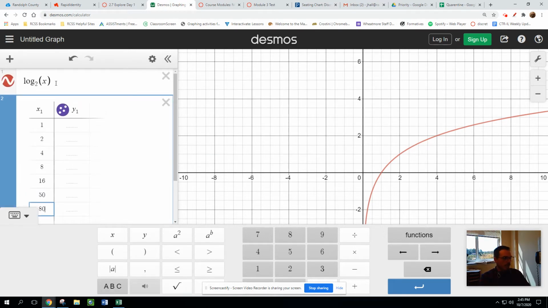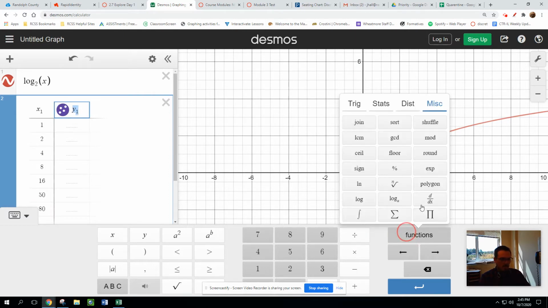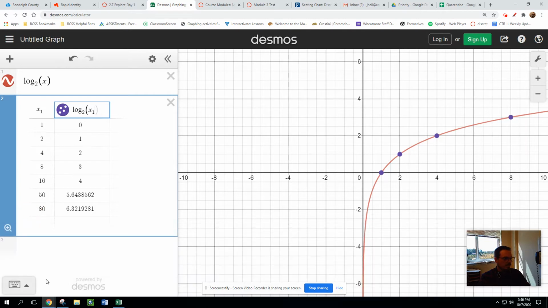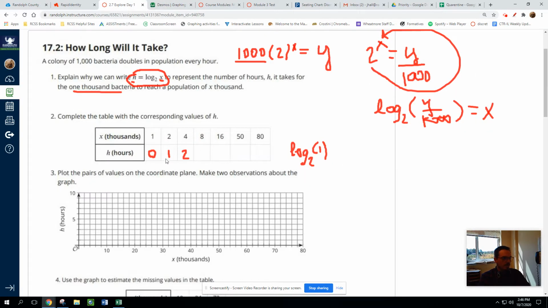And then for y, we can replace this y with log base 2 of x1, because that's where we get this information from. When we do that, this is our table that we can fill in. You can pause this and take these numbers and put them in here.